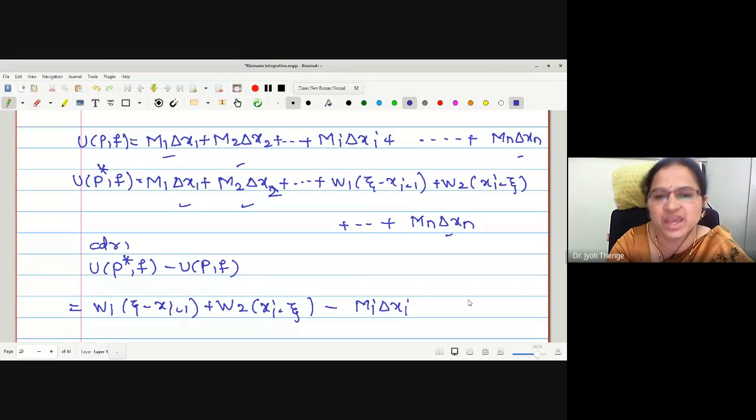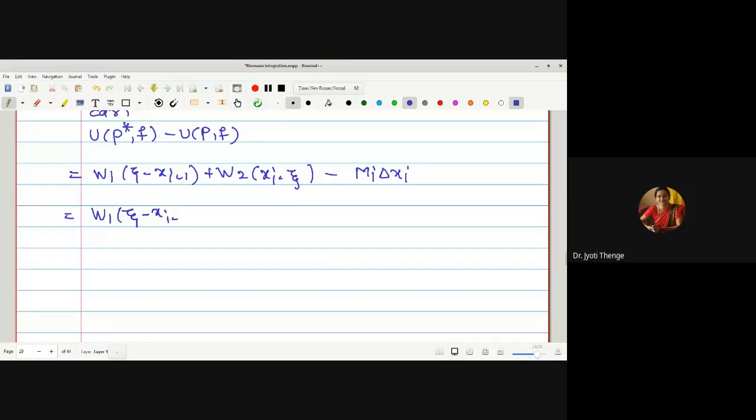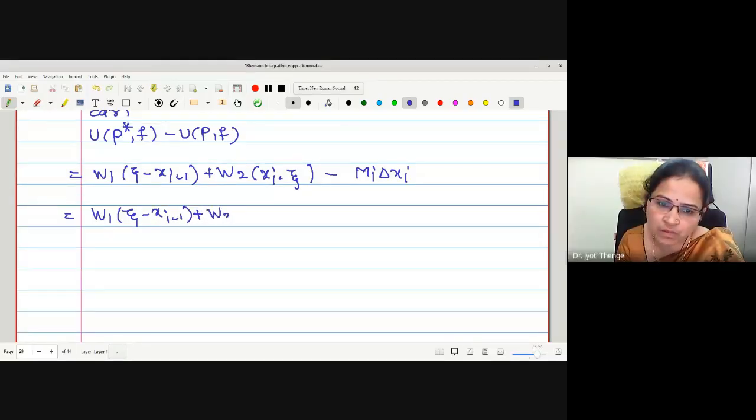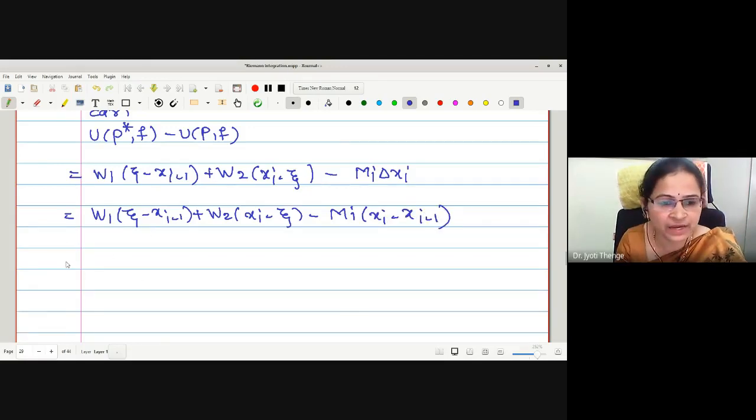Same steps we will follow. What is delta xi value? Xi minus xi minus 1. Now we will multiply and we will do the adjustment as we have done in the previous part.